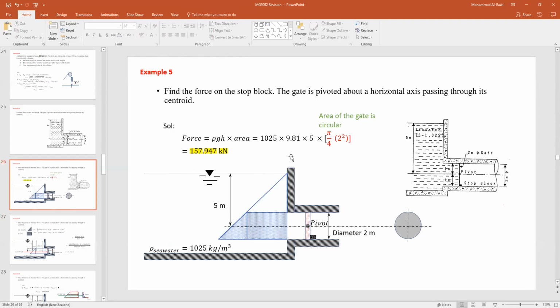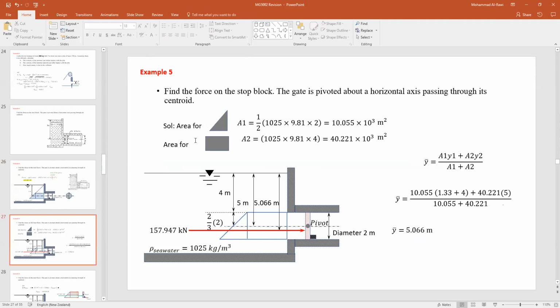Then what we do is find the area, first for this triangle. Area 1 is half of the base. So what's the base? Very easy. How can I find the base?